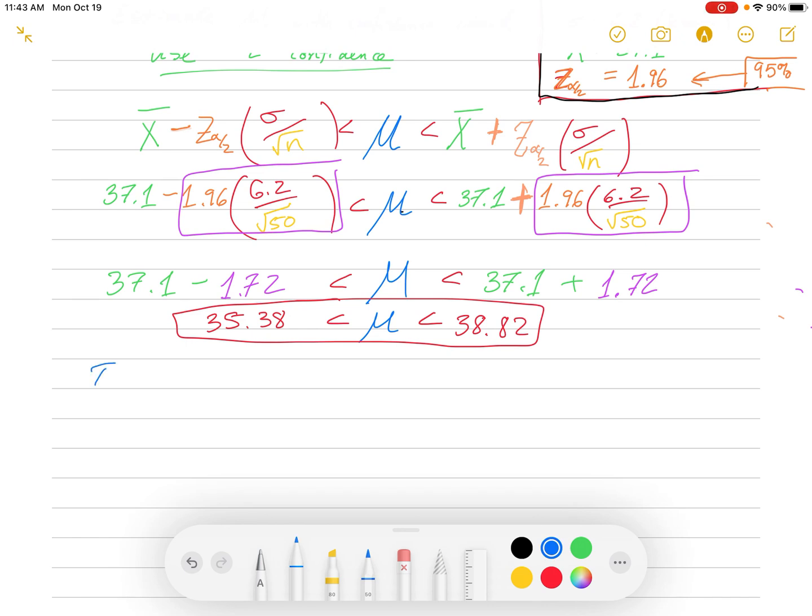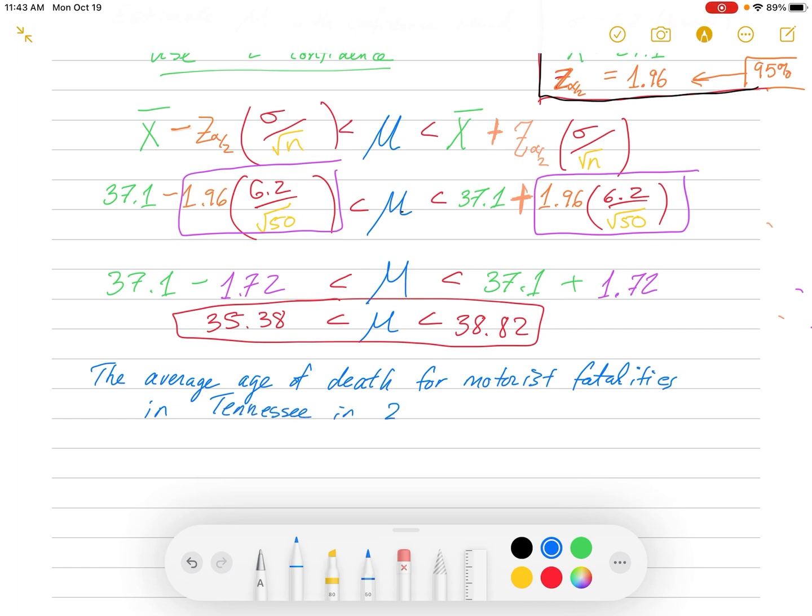So we say, with a conclusion now, we want to conclude properly. The average, or the mean, you could say, I'm going to say the average age of death for motorist fatalities in Tennessee in 2019.